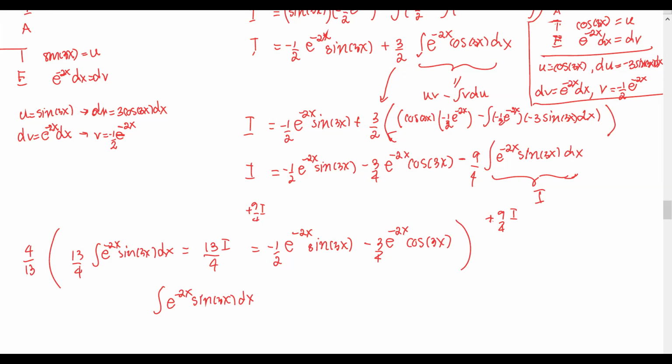And then we get the integral of e to the negative 2x sine 3x dx as 4 over 13 of negative 1/2 e to the negative 2x times sine of 3x minus 3 over 4 e to the negative 2x times cosine of 3x, plus C as a constant of integration.